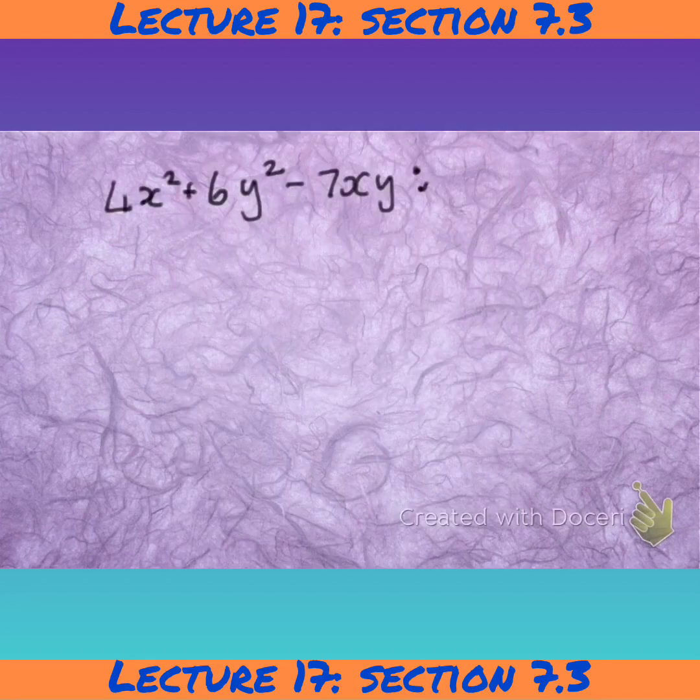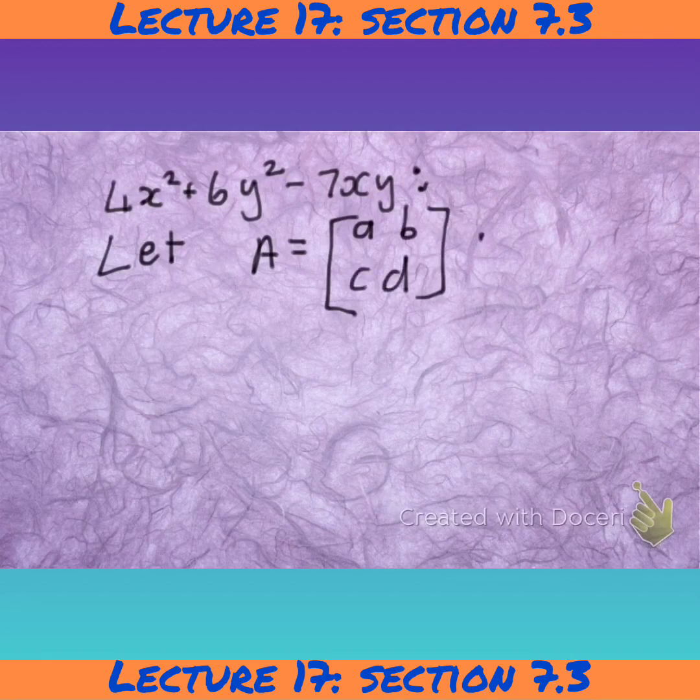Right, so there we've got our first function, and we need to write that in matrix notation. So what you can do is let A, now A is going to be a 2 by 2 matrix, and you want to let your vector X be a column vector of your variables.